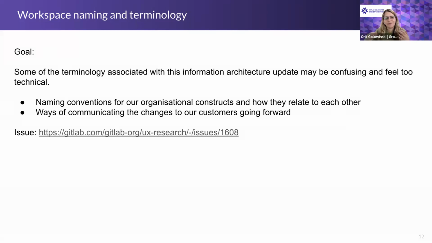The terminology is really associated with our backend architecture, and we feel it's not really customer facing. So what we want to do is create a really good naming convention for organizational constructs and how they relate to each other, and how we're going to communicate these changes both internally and to our external users so that they can relate to what we're working on and understand it better.